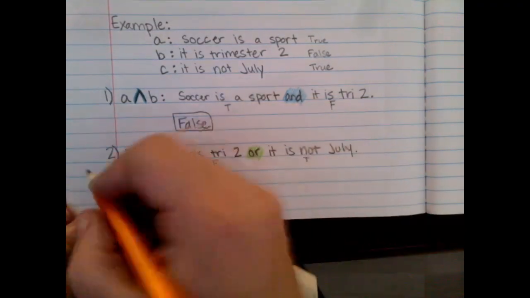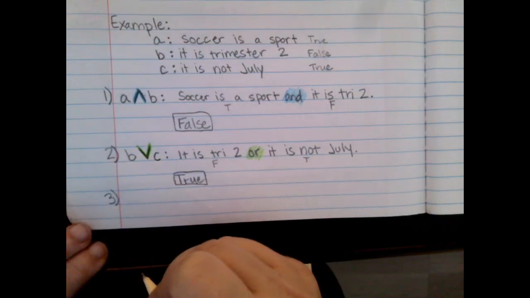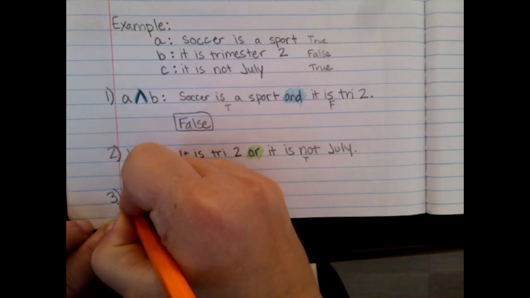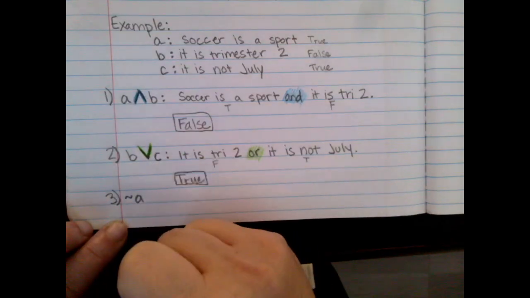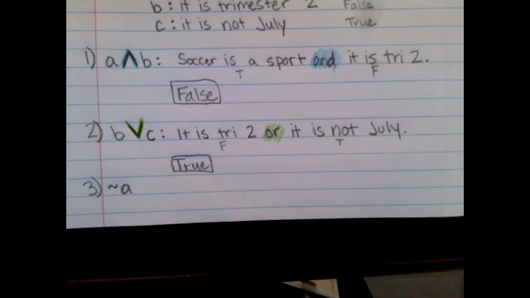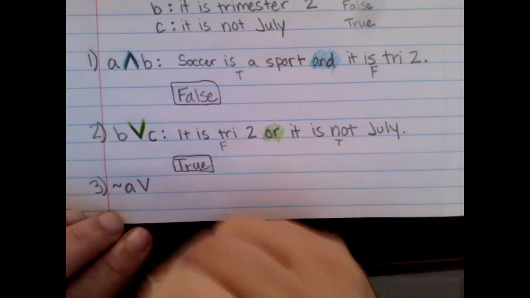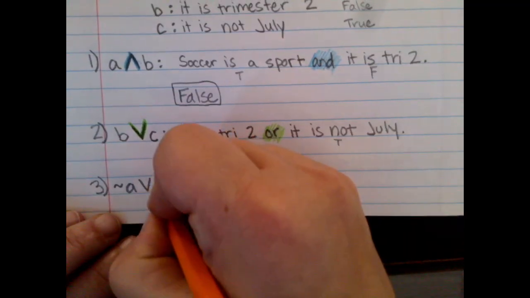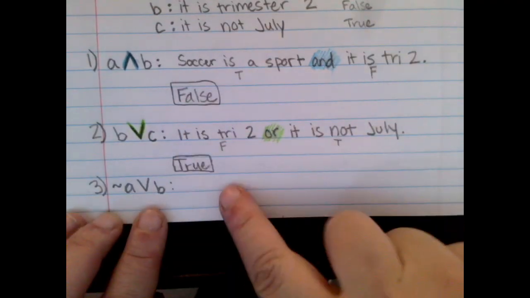Okay, last one, number 3. This time we're going to do a little squiggle, A, and then we're going to do that or symbol, and then B. So the way we would say this out loud, before you start writing it, think about this.